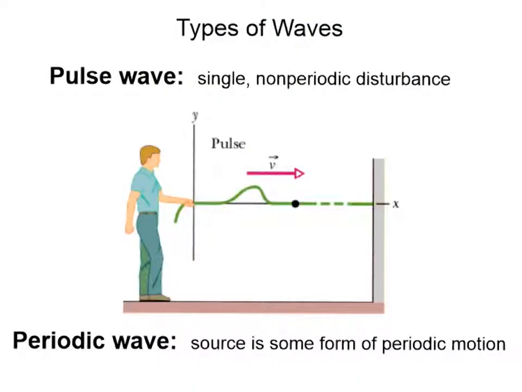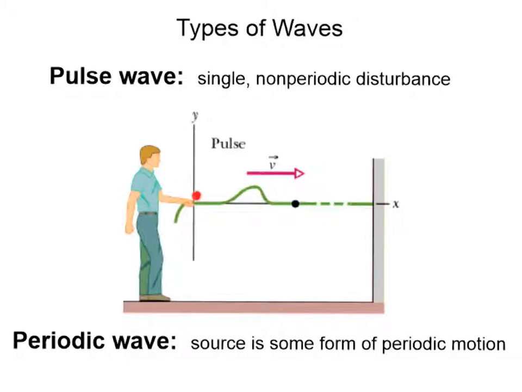So let's look at some different kinds of waves. A pulse wave is simply a single non-periodic disturbance. For example, one pulse produces a single non-periodic disturbance, whereas a periodic wave would be a wave whose source is some kind of periodic motion.